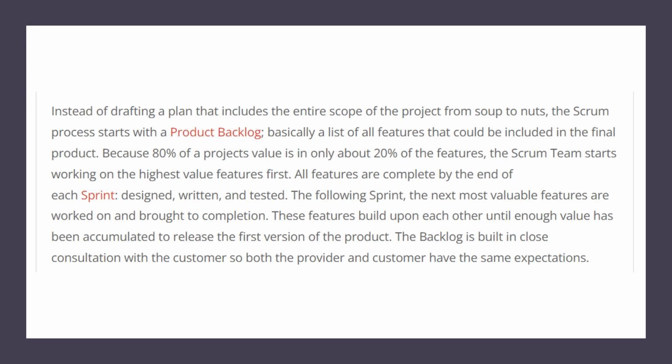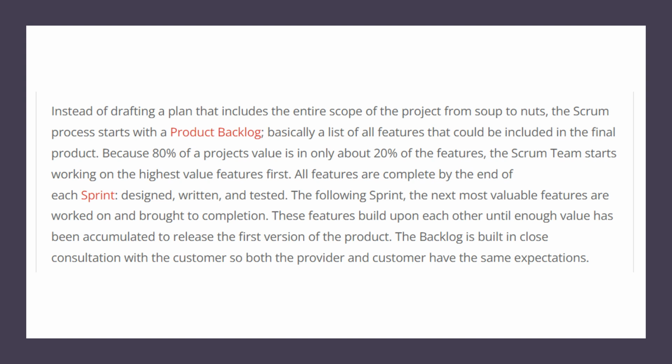Because 80% of the project value is in only about 20% of the features, the Scrum team starts working on the highest value features first. All features are complete by the end of each sprint: designed, written, and tested.